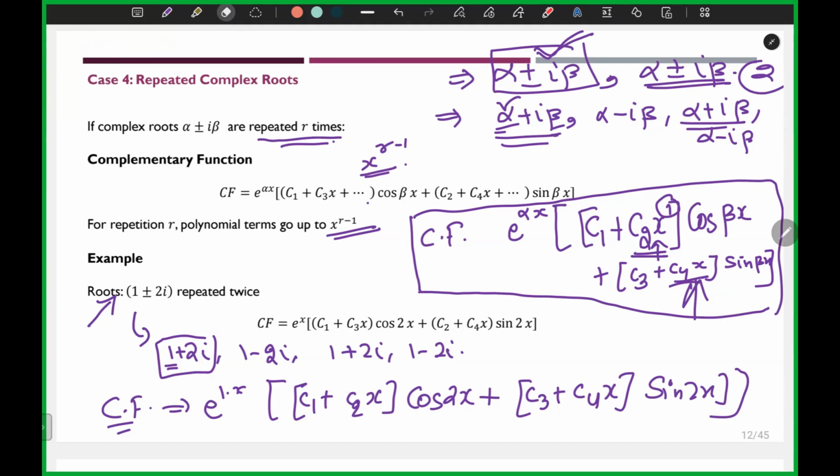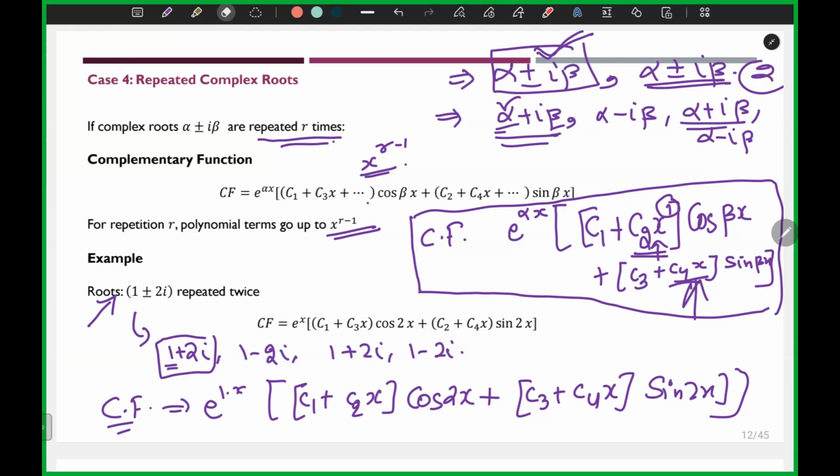Maybe, but I have seen some MCQs. Otherwise alpha plus minus iota beta reduces to a single real number, okay? It comes as a real root, no? Yes, it will be root beta, I think. It is written as e to the alpha x, cos hyperbolic root beta x plus sine hyperbolic root beta x.